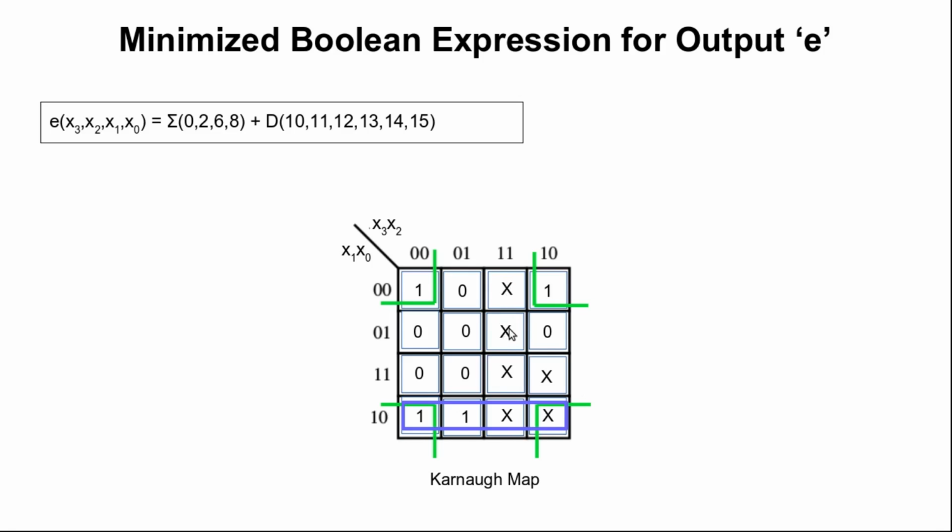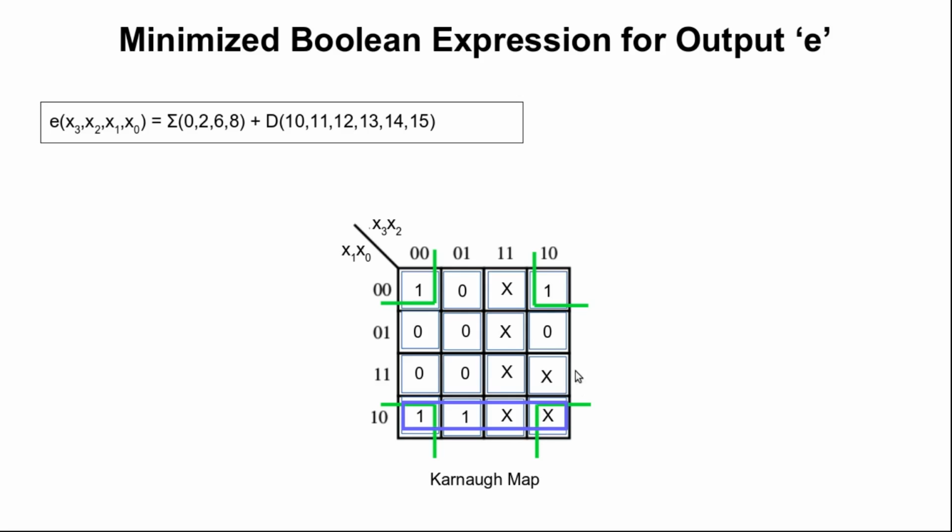So that will only increase the number of terms, it will not minimize. So some min terms, some don't care conditions we can consider as 1, whereas the other don't care conditions we can leave it as 0, depending on which will benefit us.